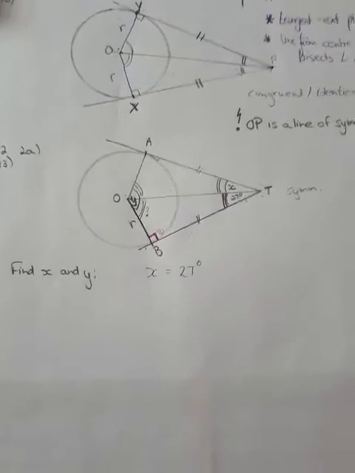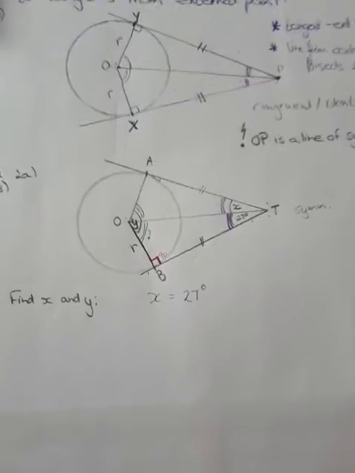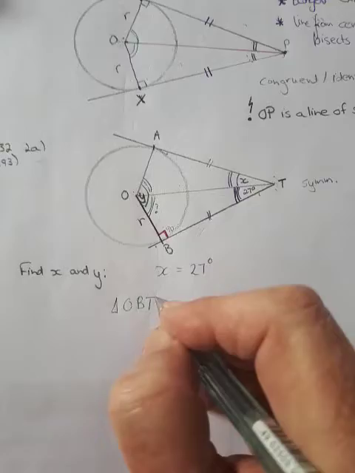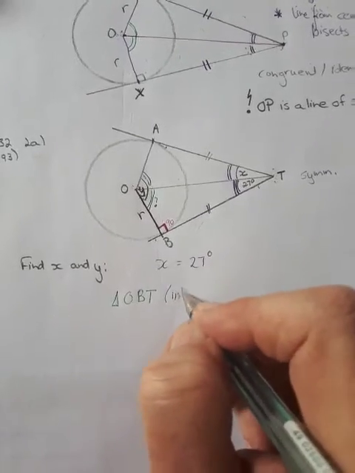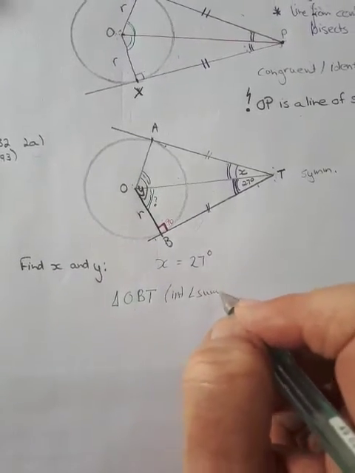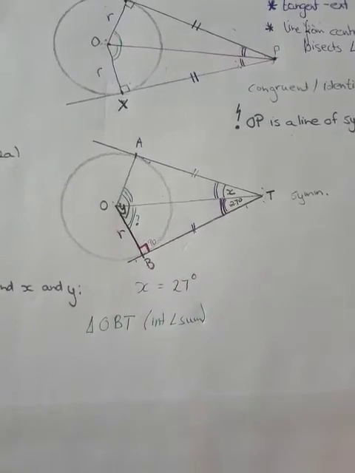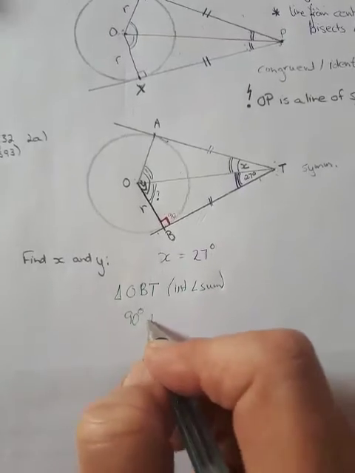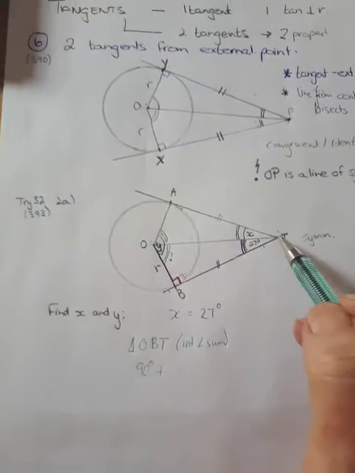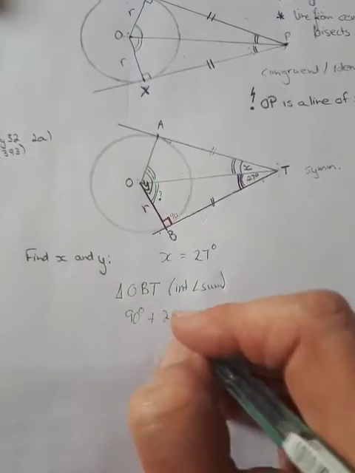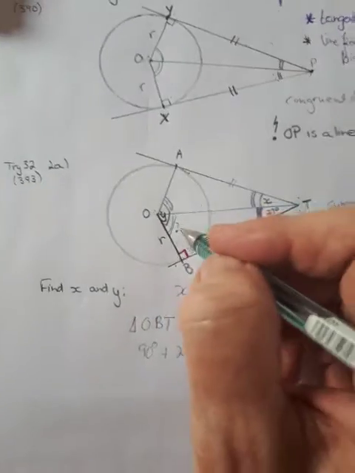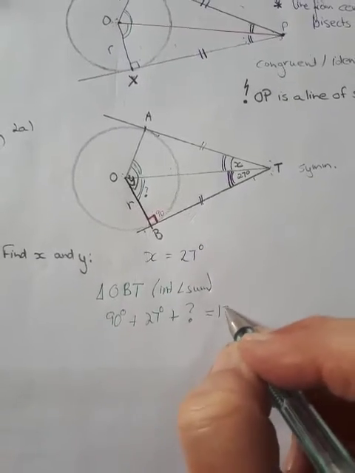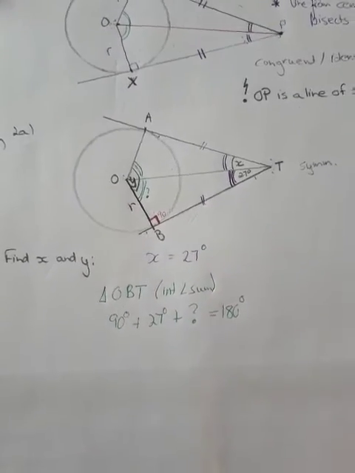Immediately your brain should now go to triangle OBT, where we are going to work with the interior angle sum of triangles, which is 180, isn't it? So angle B, which is 90, plus angle BTO, which is 27, plus this one, which I made a question mark, equals 180 degrees.